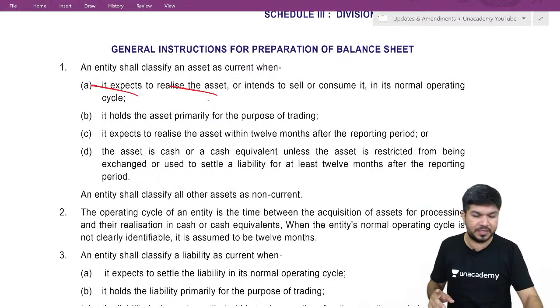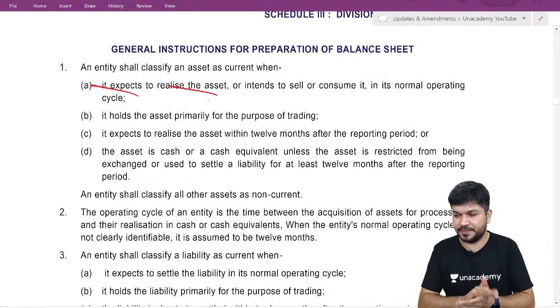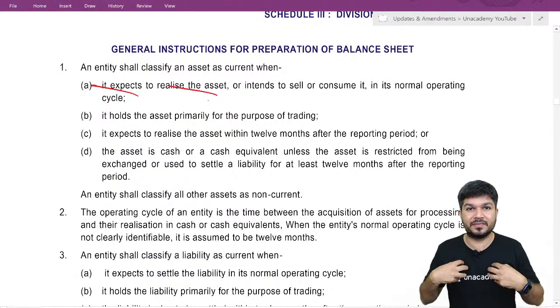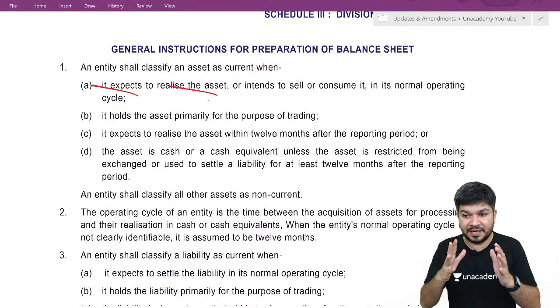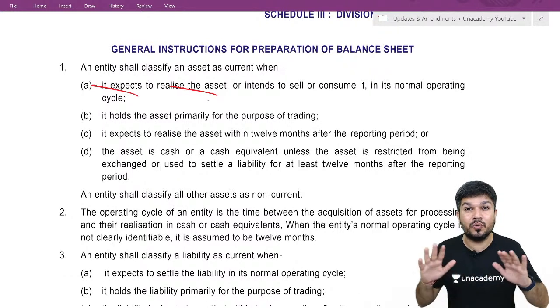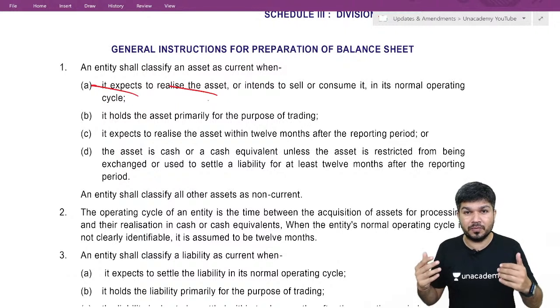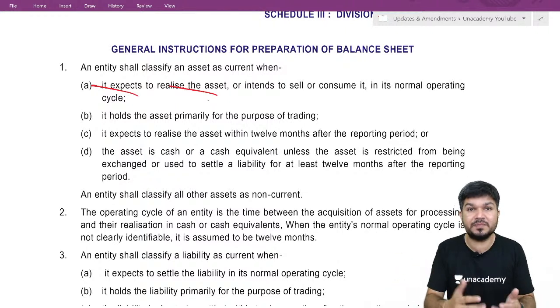Okay, example over here, pay attention. If there is an FD done which is cancelable, all cancelable FDs are always cash and cash equivalent. They will always be a current asset.